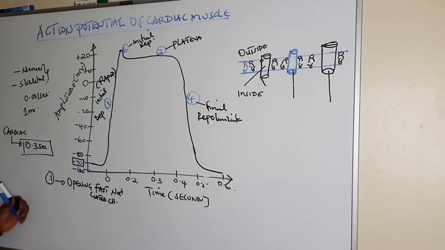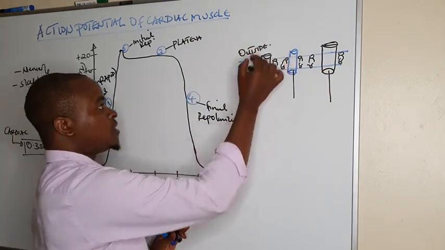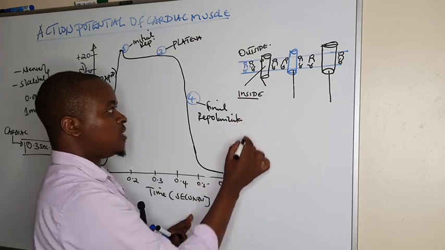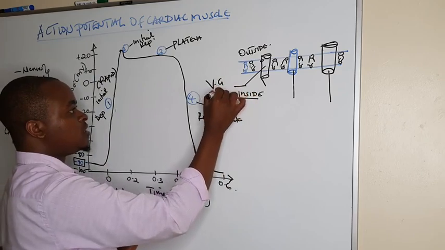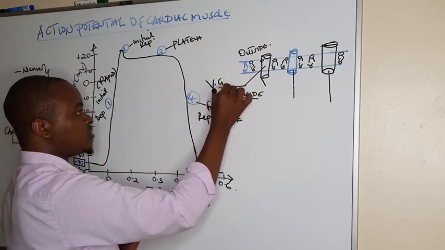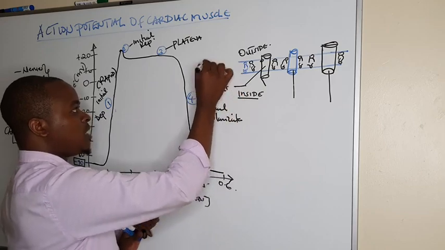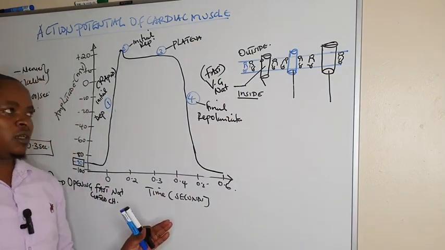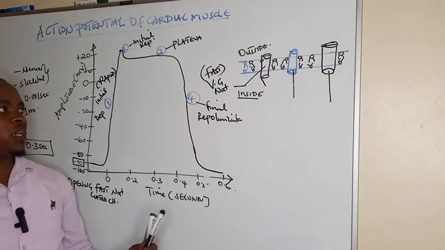So if this is the cardiac muscle, here is the outside of the cardiac muscle, and this is inside. We have what we are calling voltage gated sodium channels. And these channels rapidly open and rapidly close. Because they are fast acting, they quickly open and quickly close.